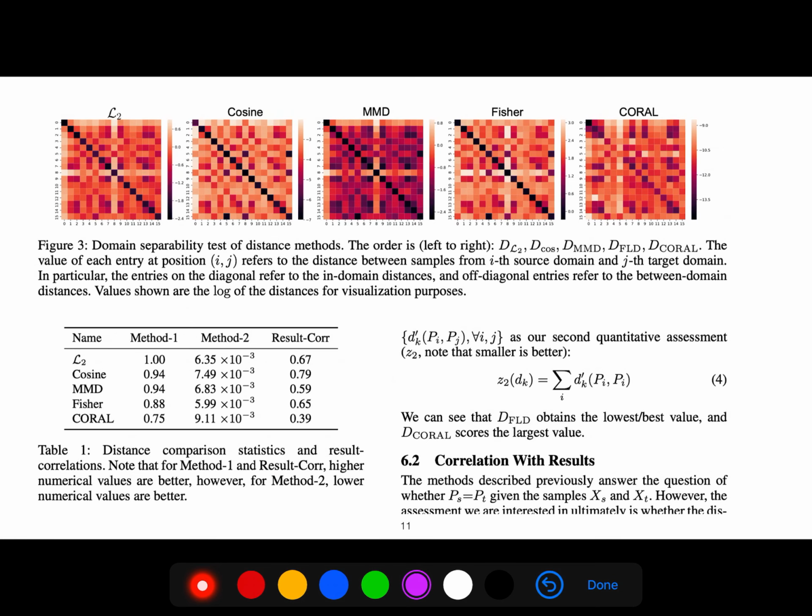Because we have five different measures of distance, we have different results. The entries on the diagonal refer to the in-domain distances, and the off-diagonal entries refer to the between-domain distances.